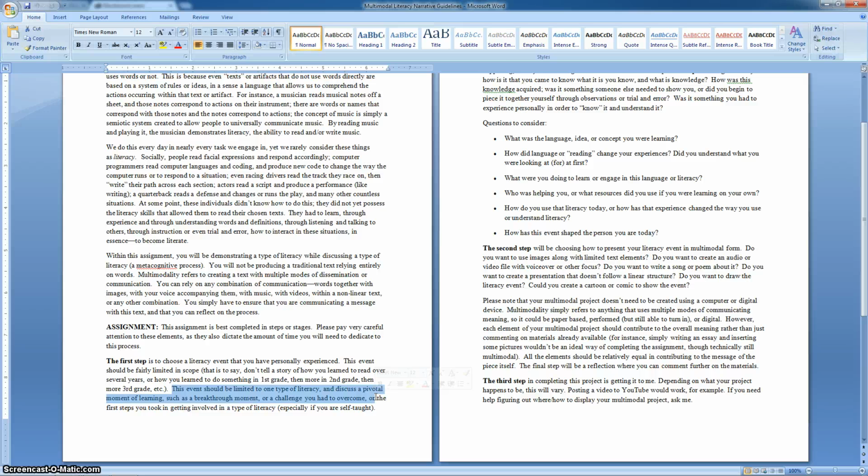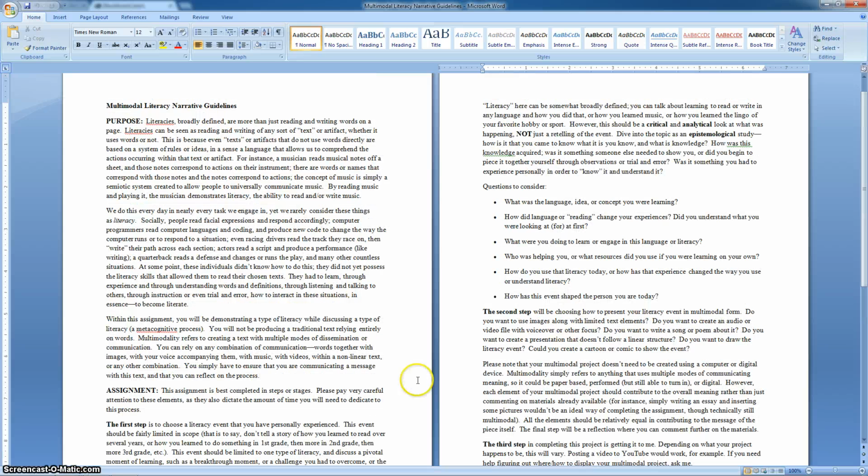So, for example, other times I've taught this course, students have tried to cover multiple years of their life or something like that, and really, the scope of that's way too big for a small project like this. So really focus in on one event. Don't try and broaden out. Again, literacy can be defined somewhat broadly, so you don't have to talk about just learning how to read or write.